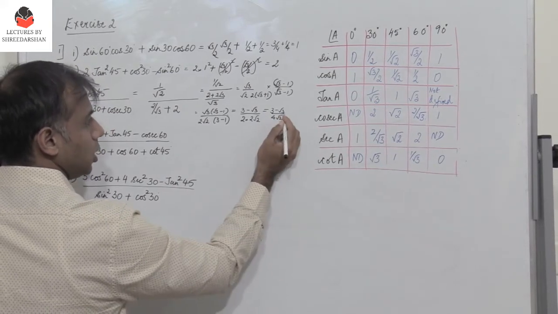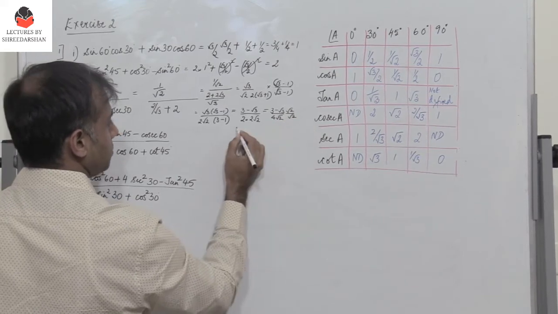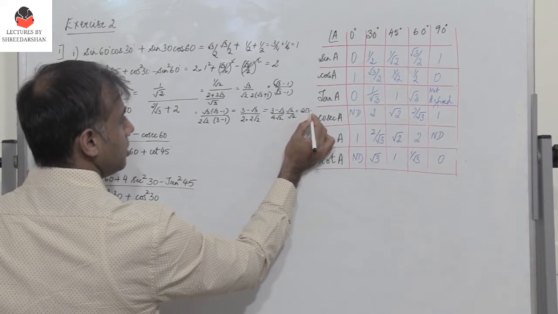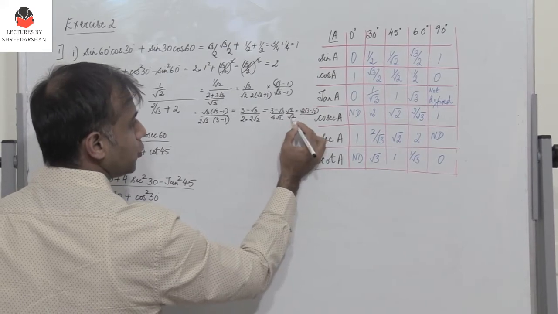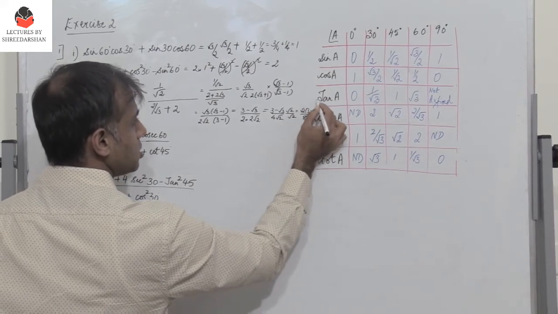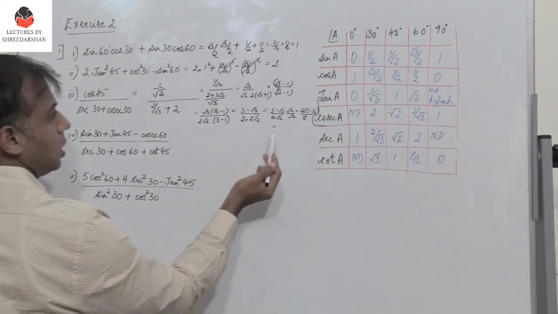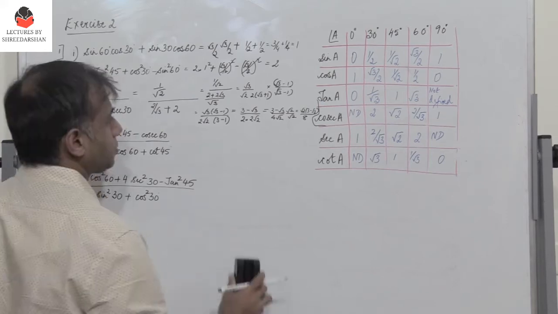So if I want to avoid root 2, I multiply and divide by root 2. So finally we get, the answer is root 2 into 3 minus root 3 divided by root 2 into root 2 is 2. So 4 into 2 is 8. So this is the answer what I get. Okay, so the answer is root 2 into 3 minus root 3 divided by 8.